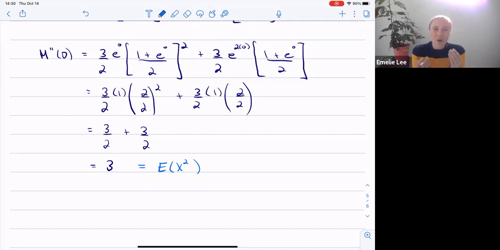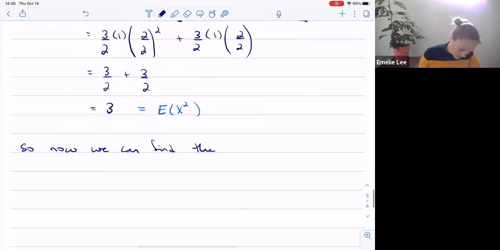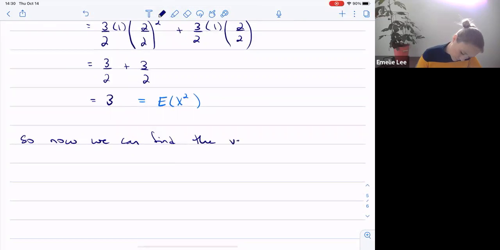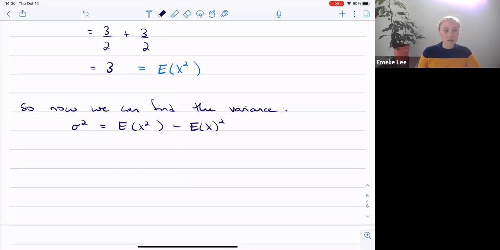So now we can find what the variance of x is. Okay. So now we can find the variance. Sigma squared is the expected value of x squared minus the expected value of x, then squared, right?